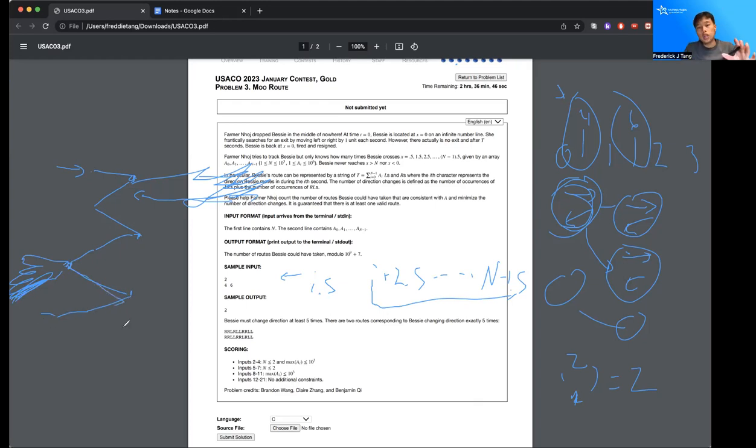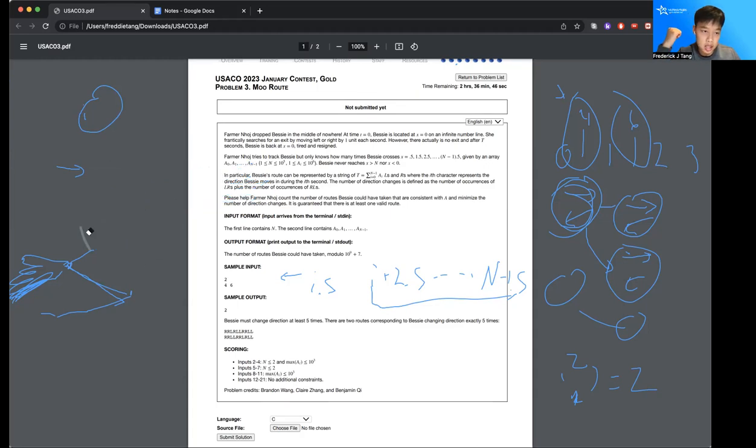So every single pair of consecutive borders, I and I plus 1.5, is independent of the rest, which means that we can create some sort of DP, right?